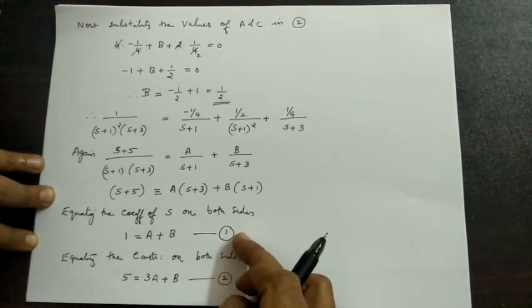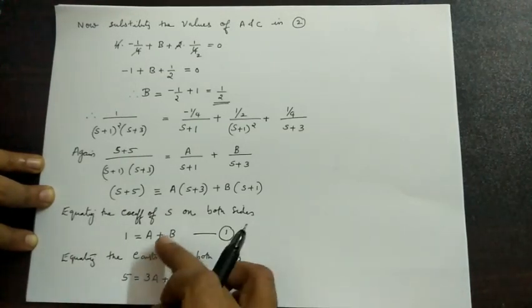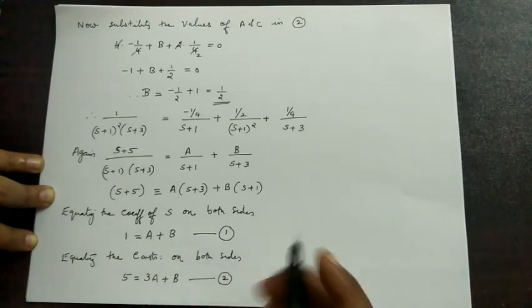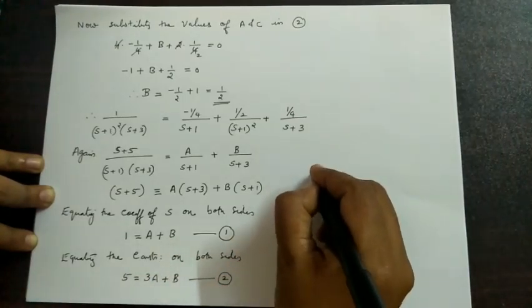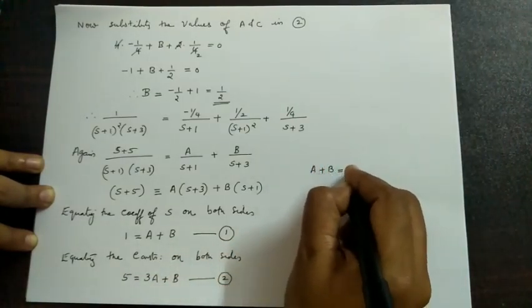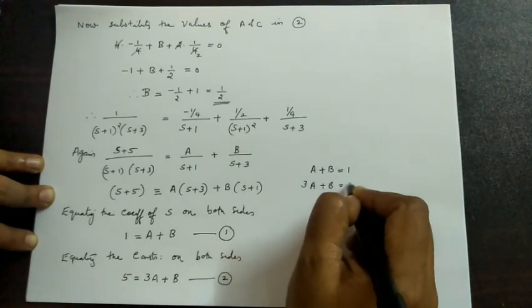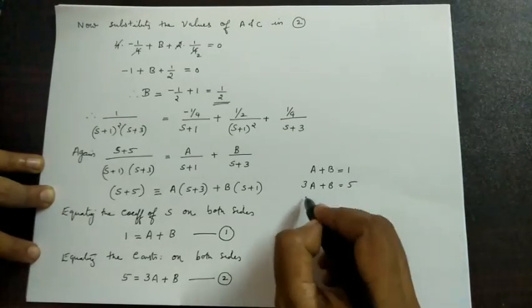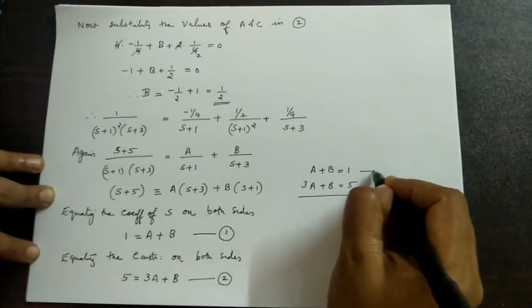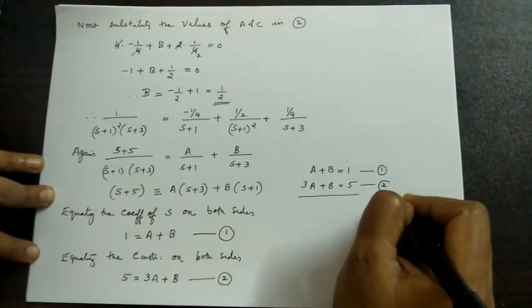Now we can solve 1 and 2 to obtain the values for a and b. Take a plus b equal to 1 and 3a plus b equal to 5, the first equation and the second equation.